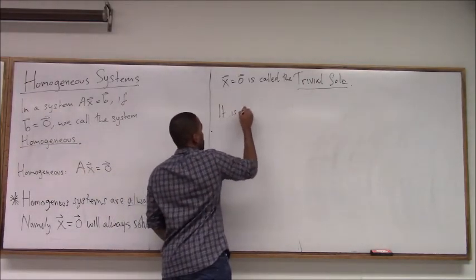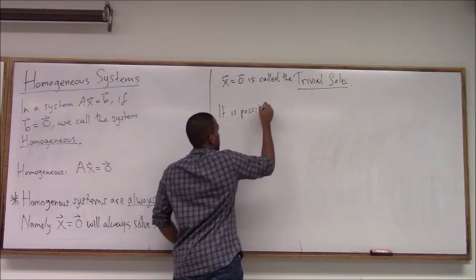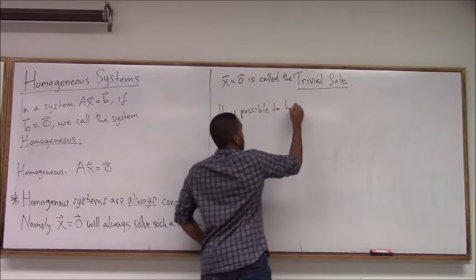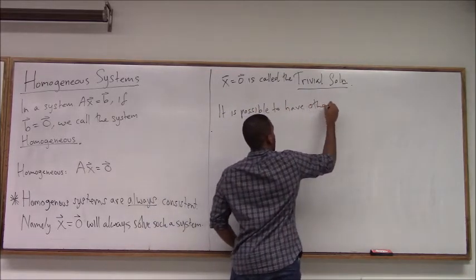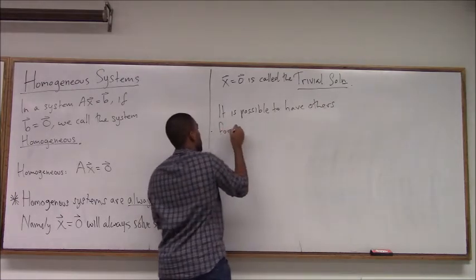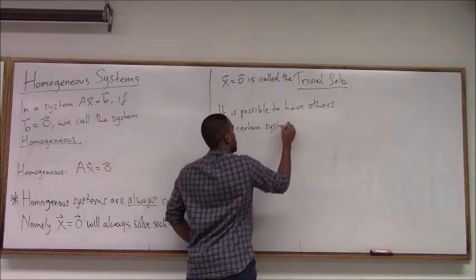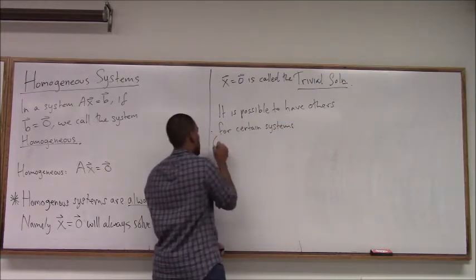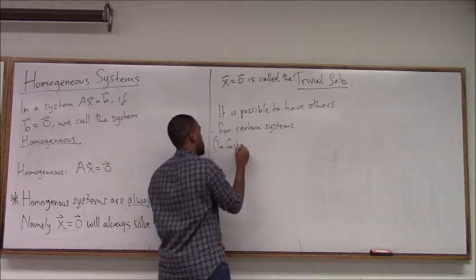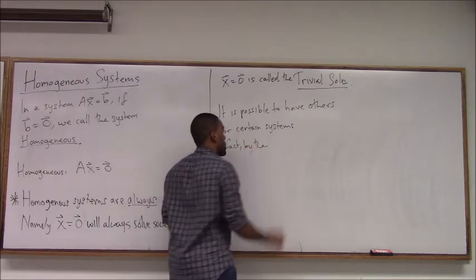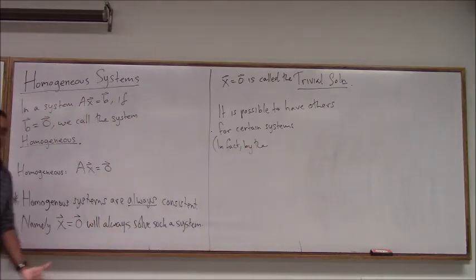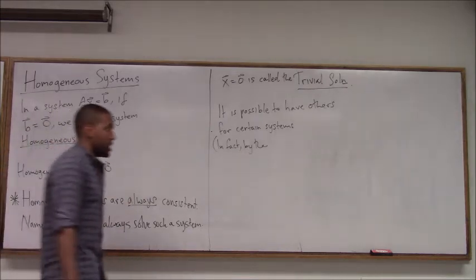It is possible to have others for certain systems. In fact, by the previous theorem, if it doesn't only have the trivial solution, it has infinitely many solutions.